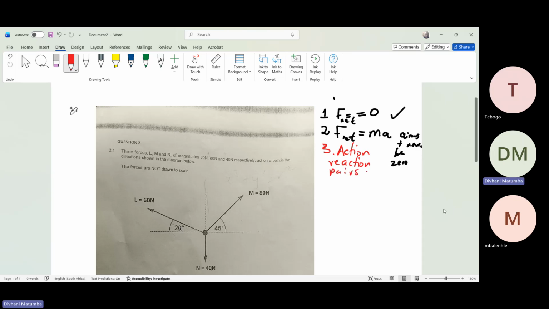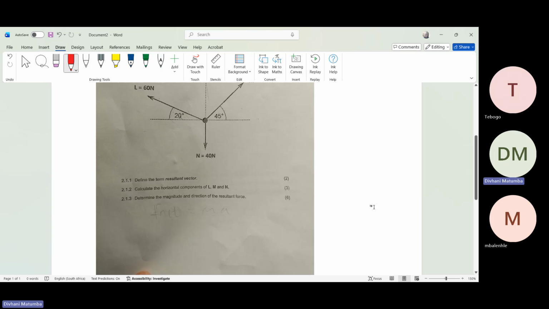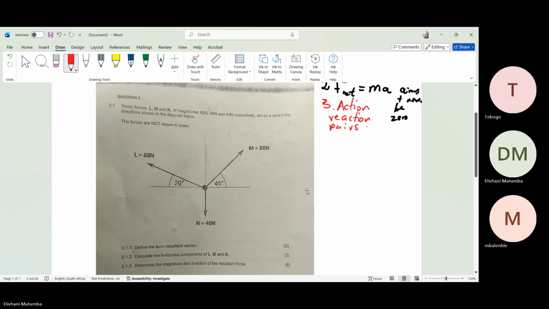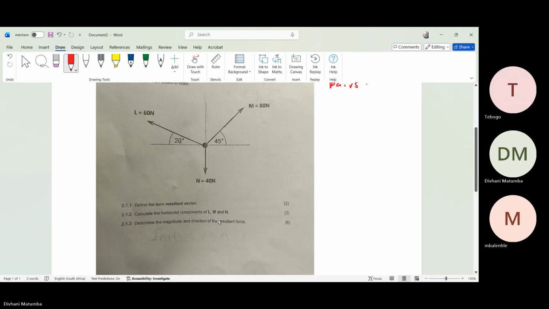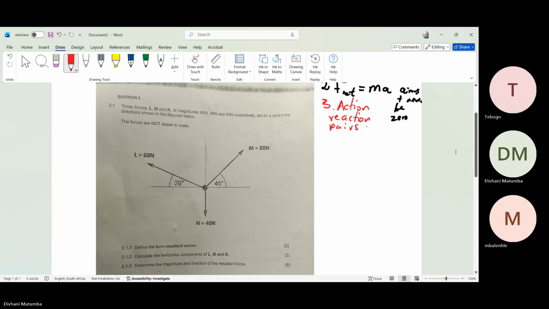Okay, that's fine. I was sent this question. Let us start from 2.2.1. Mbalenhle, what is a resultant vector? Okay, Tebucho, what is a resultant vector?